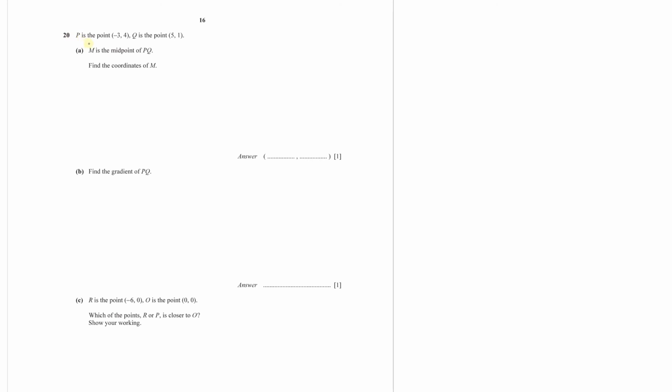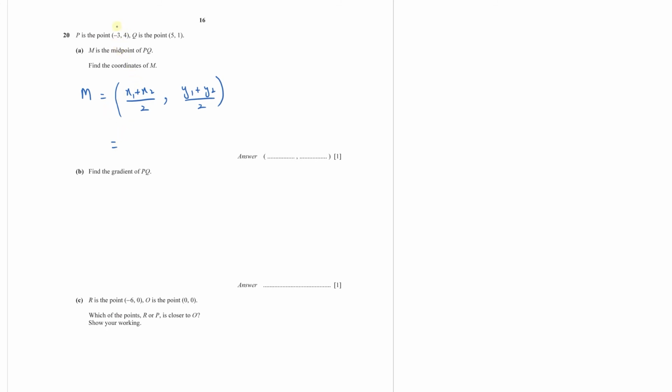The next question is P is the point -3, 4, Q is the point 5, 1, M is the midpoint of PQ. Find the coordinates of M. Since you know that M is the midpoint, you can find the coordinates of midpoint by using the formula x1 plus x2 over 2. This will give you the x coordinate. And then y1 plus y2 over 2. This will give you the y coordinate of the midpoint.